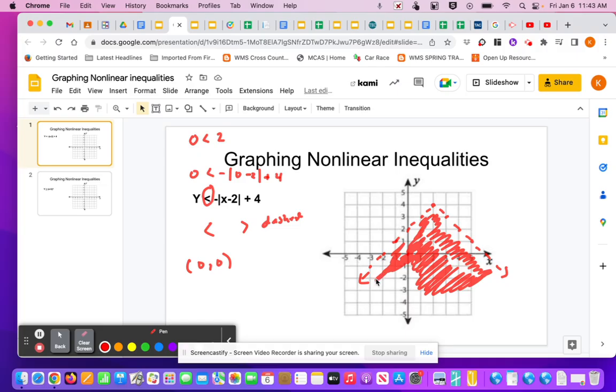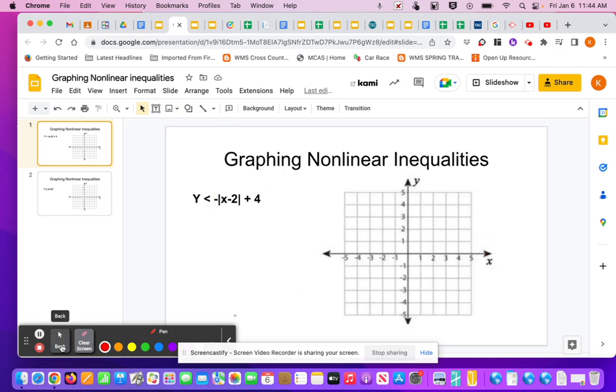All the points in this region will be solutions to that inequality. So there you have it. That's the solution to that, and you can show it by the graph. You need dashed lines because the inequality symbol is just a less than, and you need shaded regions because the origin in this case satisfied the inequality. All right, so that's the first one.